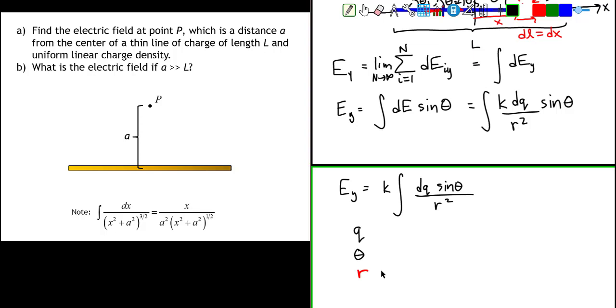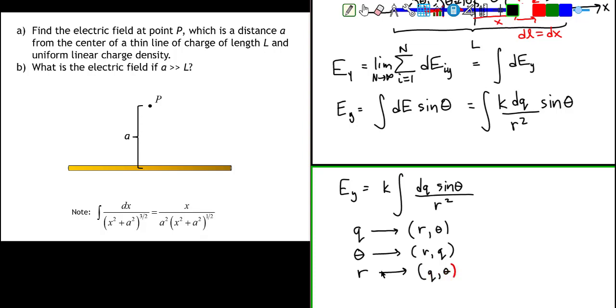So the task we find ourselves trying to answer is, how do we integrate this when we have three different variables? We only right now know how to integrate with one variable unless you've had multivariable calculus. So this means we need to express either q in terms of r and theta, or theta in terms of r and q, or r in terms of q and theta.